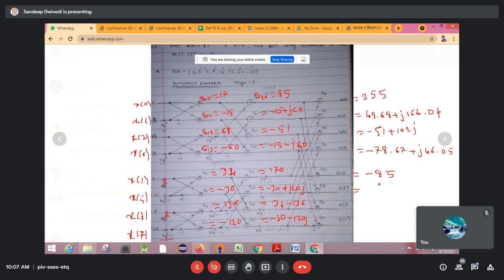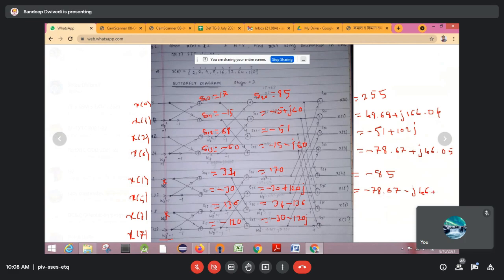After doing all these things you will get the answer, that is minus 78.67 and minus j46.08.